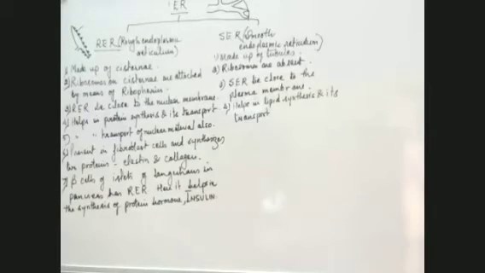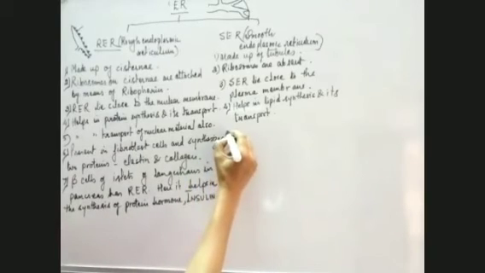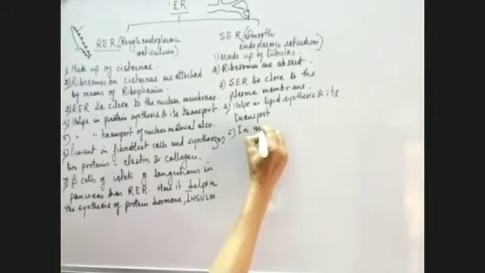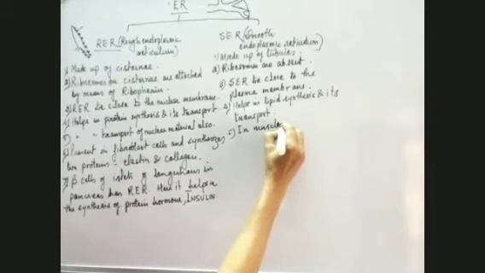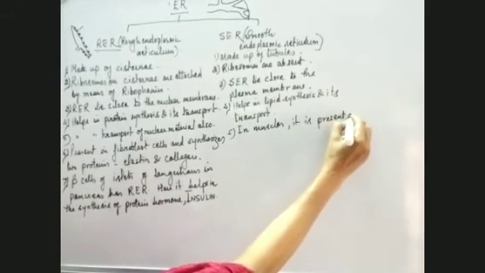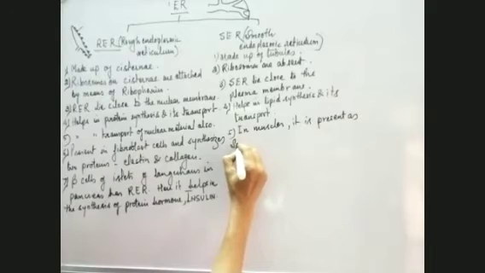Okay. So it helps in lipid synthesis and its transport. This was the fourth point. We come to the fifth point, about its location. It is present in fibroblast cells.